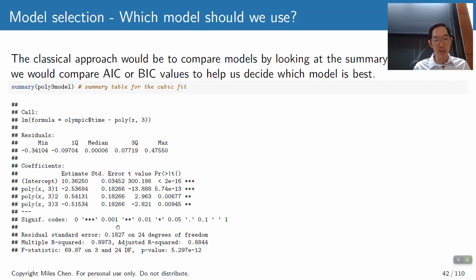And you can look at other things like your R-squared values, and you might also look at the AIC or the BIC to try to determine what's a good fit, okay? You guys remember AIC, BIC? What are these things?